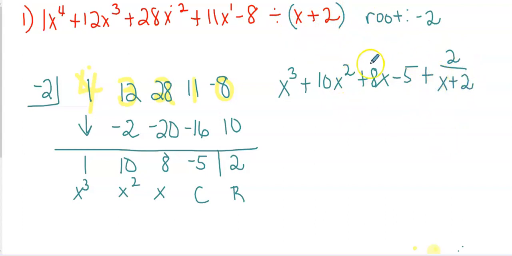So this is the answer. Now, because there was a remainder that was not 0, this is not an x-intercept for this polynomial function. So x plus 2 is not a factor.